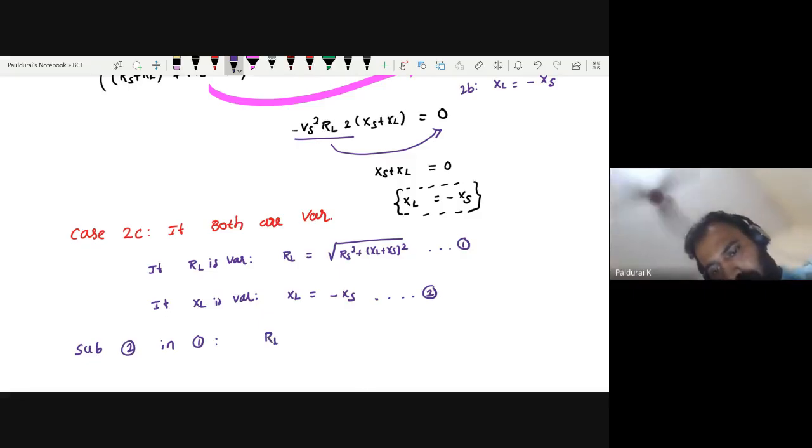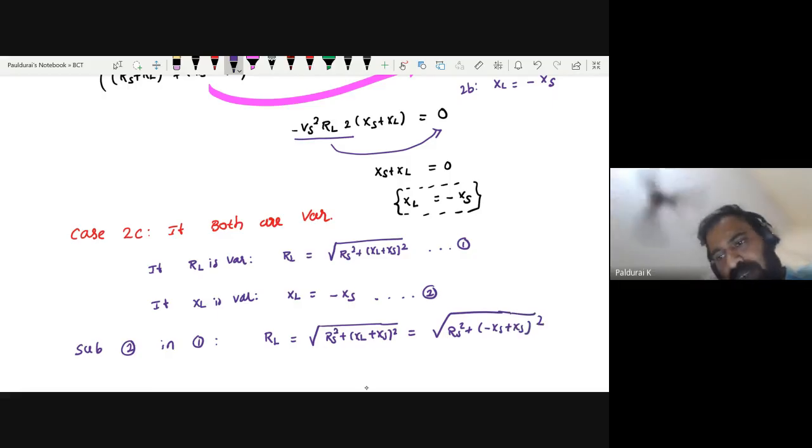RL equal to square root of Rs squared plus (XL plus XS) squared, which implies Rs squared plus (minus XS plus XS) the whole square. This becomes 0, so you end up with RL equal to Rs. And XL equal to minus XS.